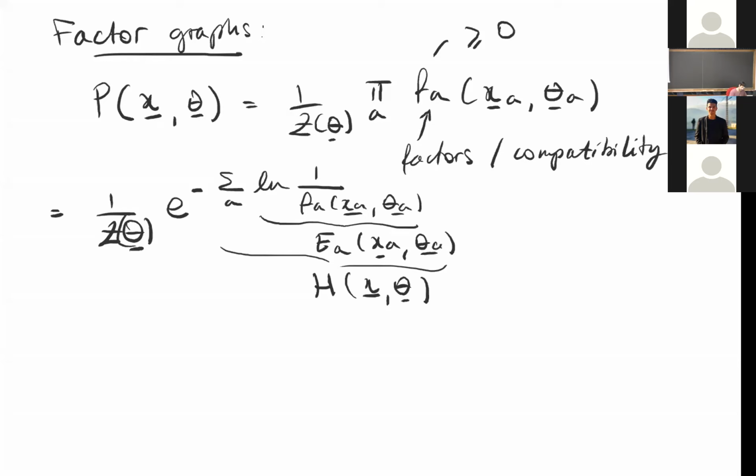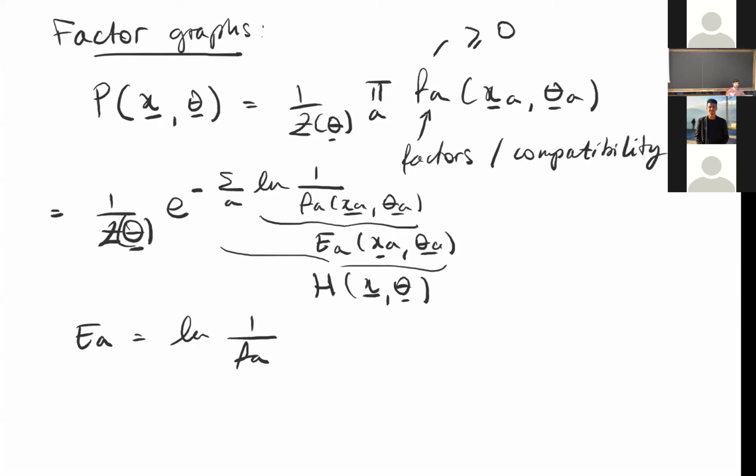And so we identified this energy term, it's not a vector, which is log 1 over f_a, and we call that an energy. Why? Because you see that when the factor is satisfied, so the compatibility function is high, this inverse is low, and so this log, because it's an increasing function, will be low as well.